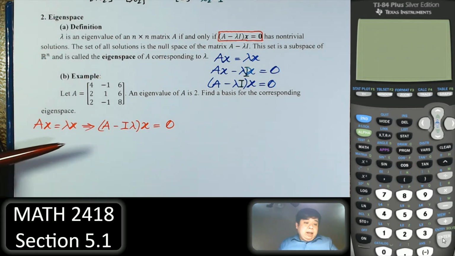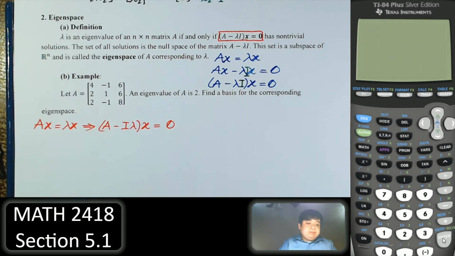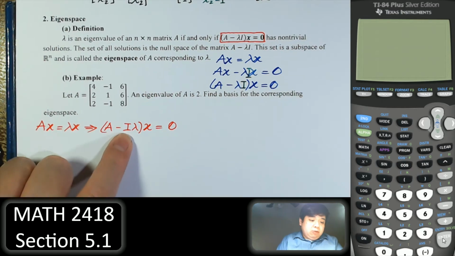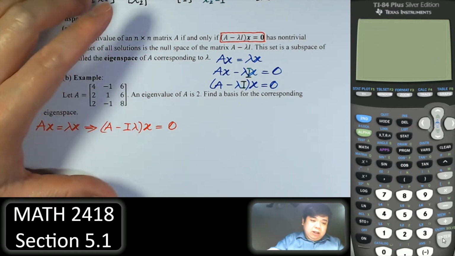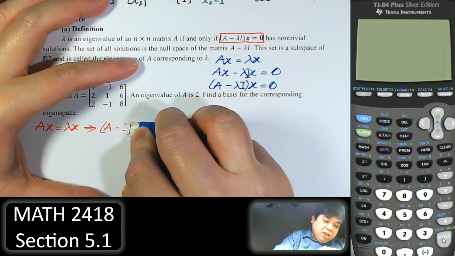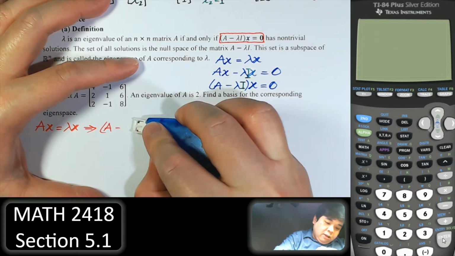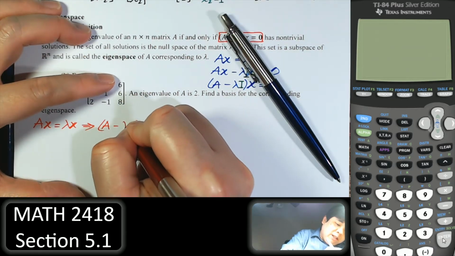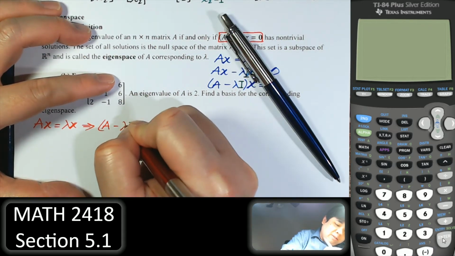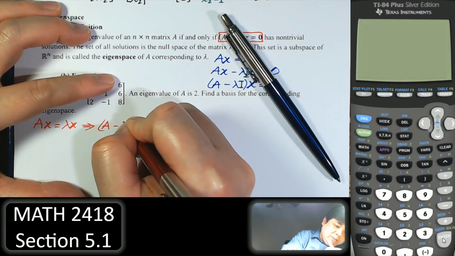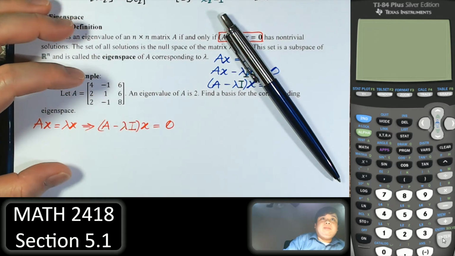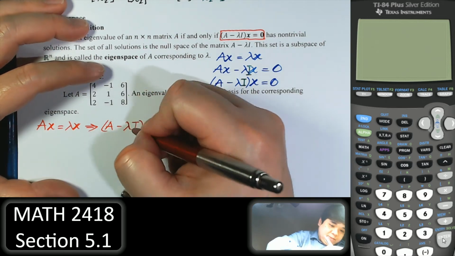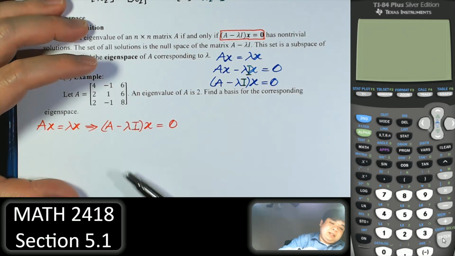Right. And we just form that, and then we subtract A minus lambda times I, or I times lambda, it doesn't matter, but usually I write lambda times I, so the scalar multiplication looks better.